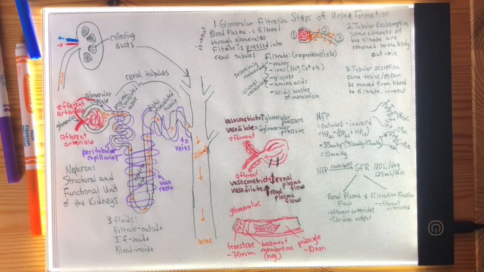Now filtration fraction is a direct function of the efferent arterioles, either vasoconstricting or vasodilating. Remember that if we manipulate the diameter of those efferent arterioles, you are manipulating the hydrostatic pressure of the glomerular capillary, the HPGC, which by the way is a super manipulatable number.